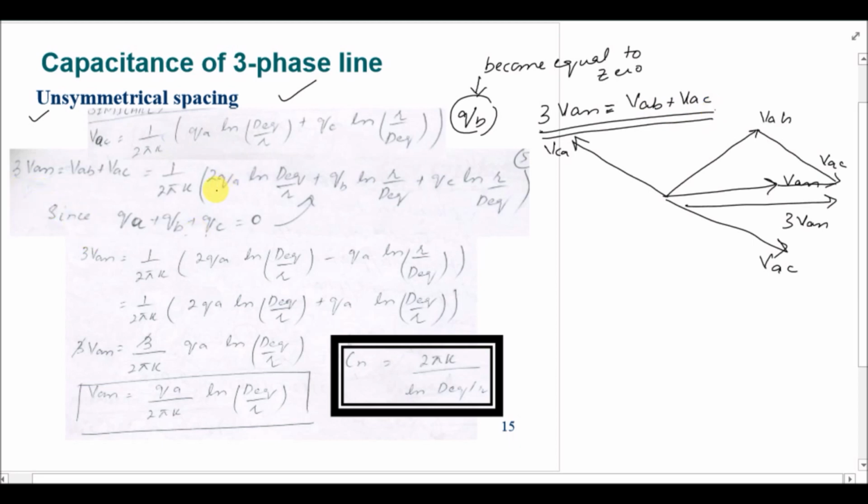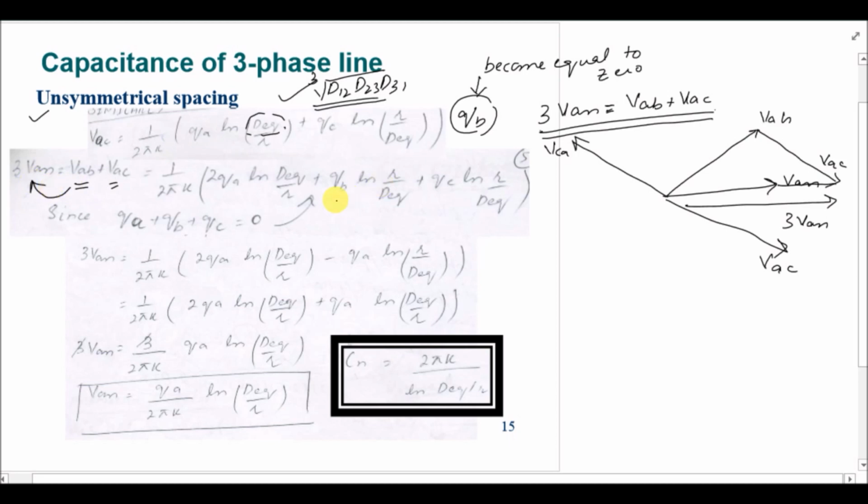So now we can write that D equivalent is actually the cube root of D12, D23, D31. I have replaced this part of the equation with D equivalent, and then I have added VAB and VAC, which is actually equal to 3 VAN.